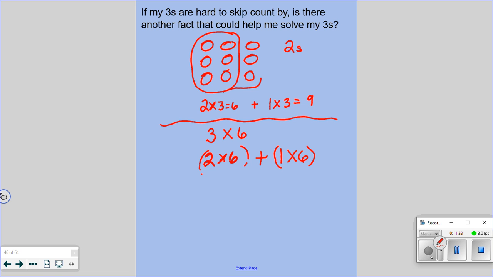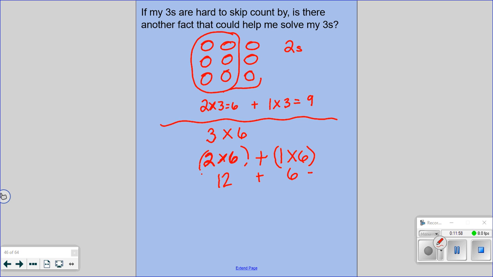Now we can go back and say what they are worth. Brogan, what is 2 groups of 6 worth? 12. Write that underneath. What is 1 group of 6 worth? Just 6. Write that underneath.